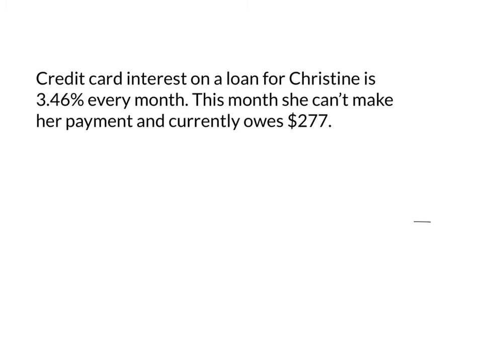So if I think about some of these examples, I'm going to look for a growth rate. I'm going to look for a starting point. So I see a growth rate right here. It's 3.46%.